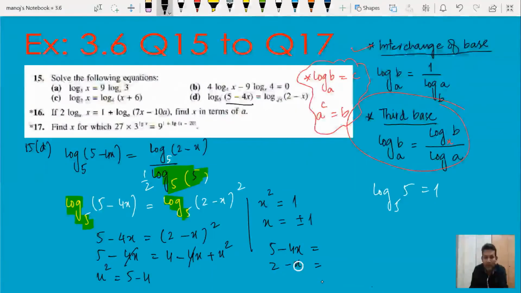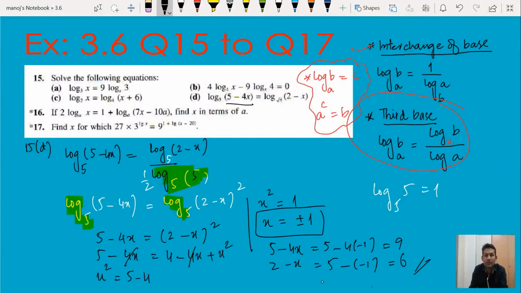When you write 1 here, 2 minus 1 is also 1. When you write minus 1, plus 4 when you multiply, it is coming 9. And when you write minus 1 here, it is coming 3. So both are possible. So plus minus 1, both the answers are right for this question.